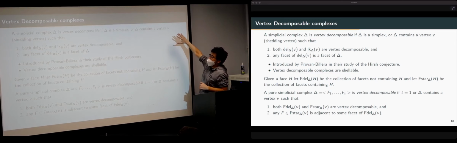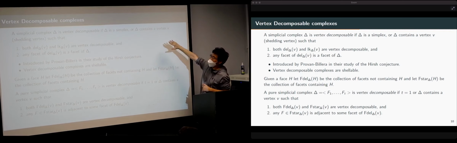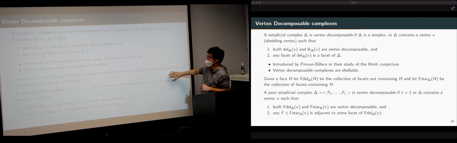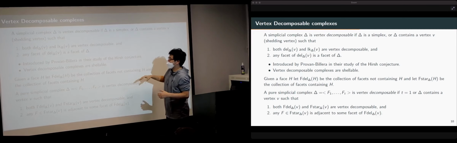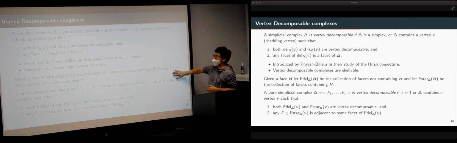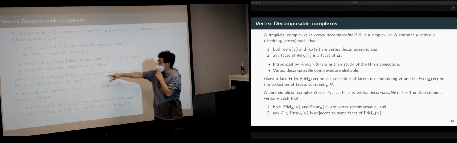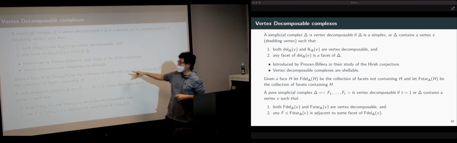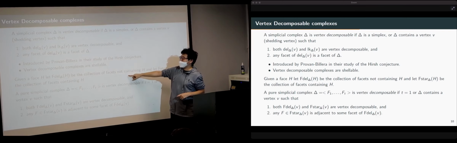Now, let me give you an alternative definition that I used when I was dealing with this project, because I dealt with a lot of matroids, and I always felt like for pure simplicial complexes, you only have to take a look at the collection of facets. So given a collection of facets, let facet deletion be the literal or matroidal deletion.